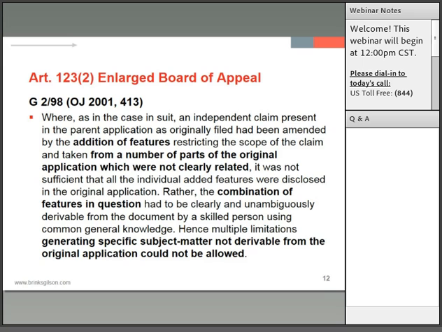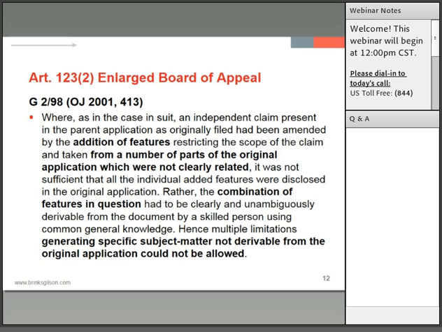And here the Enlarged Board of Appeal, for example, issued a decision where claim amendments were drawn from different embodiments in the patent application, and the board said that even though all these limitations were disclosed, the real issue was that they were not disclosed together.